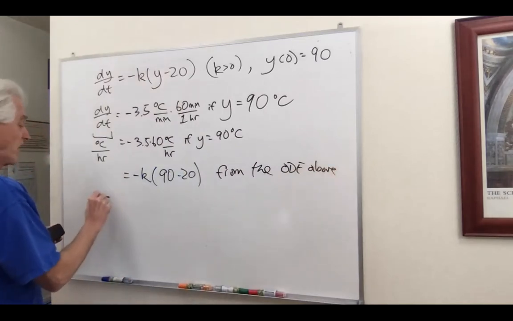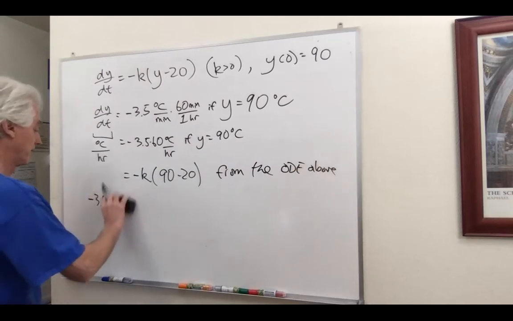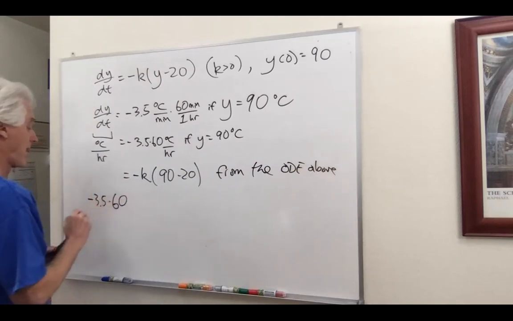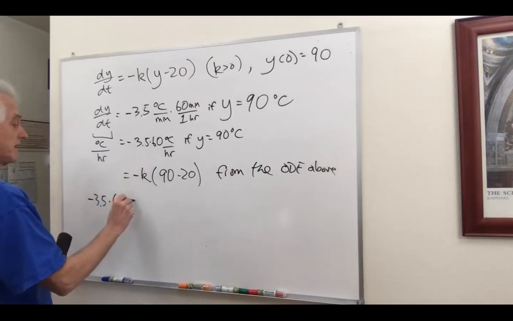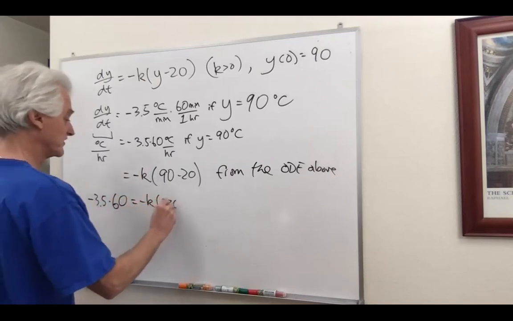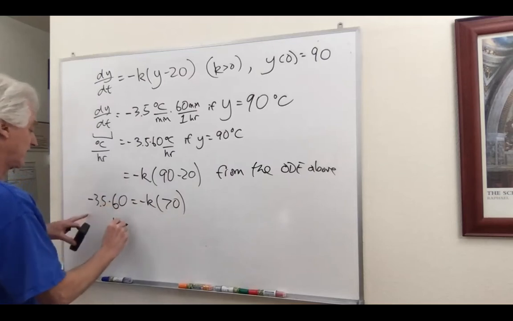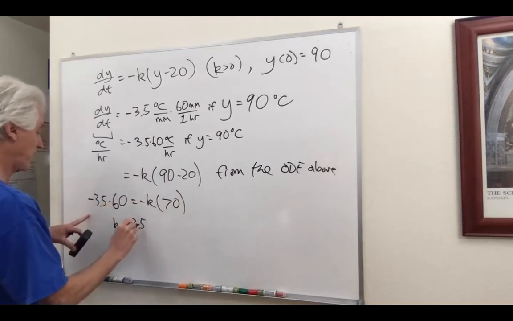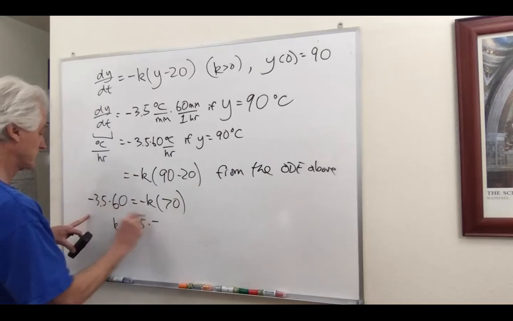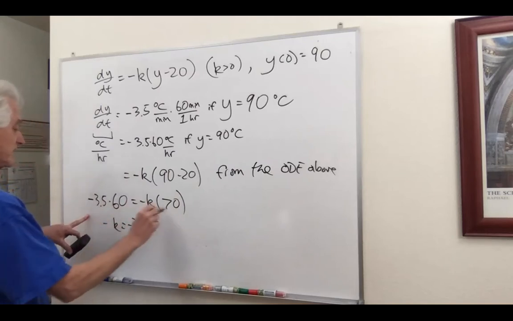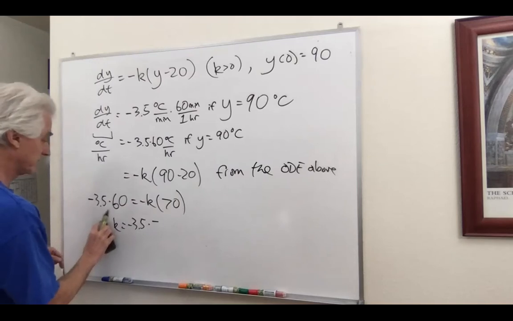Minus 3.5 times 60 equals minus k times 70.